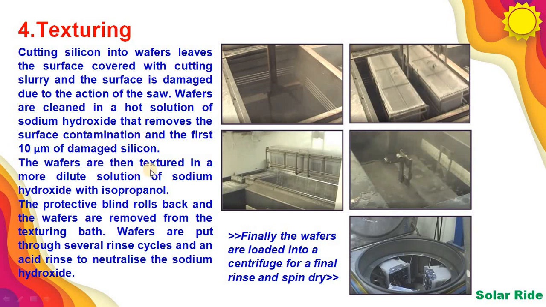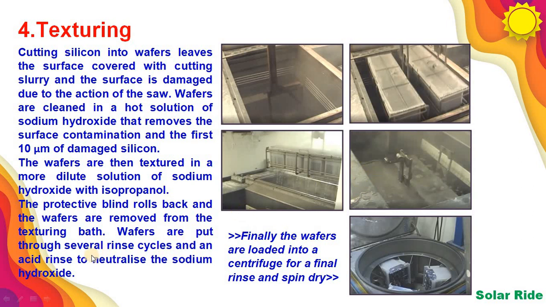The wafers are then textured in a more dilute solution of sodium hydroxide with isopropanol. The protective blind rolls back and the wafers are removed from the texturing bath. These words will be explained clearly in the image. These three images show dipping into the hydroxide with isopropanol liquid.